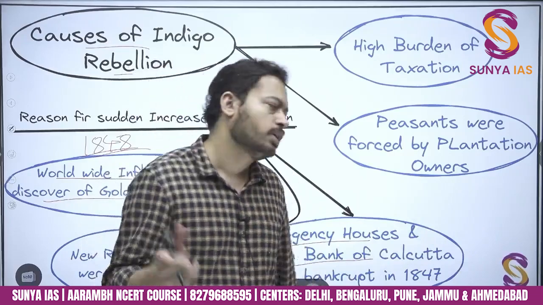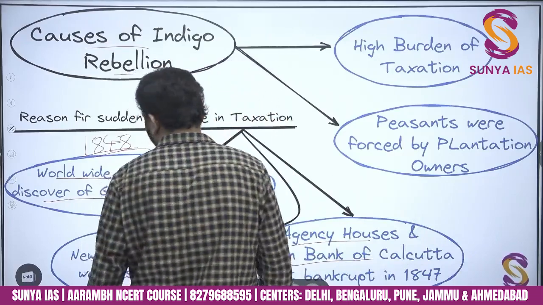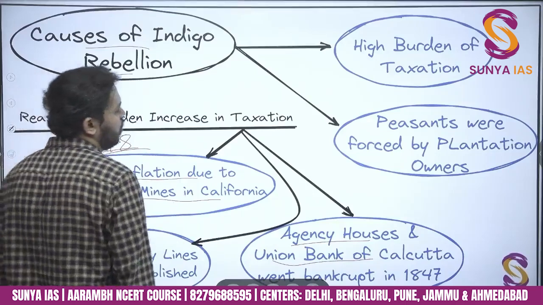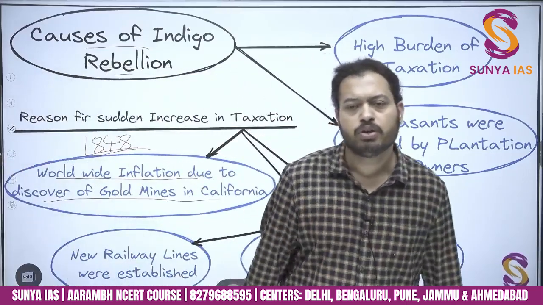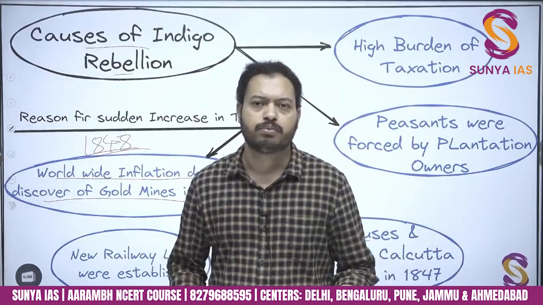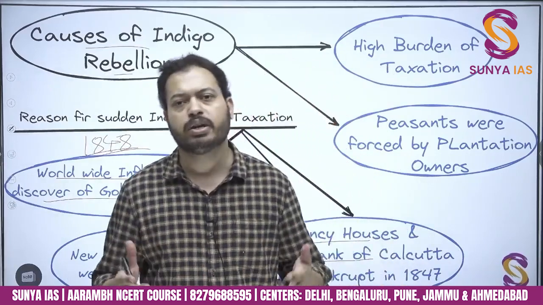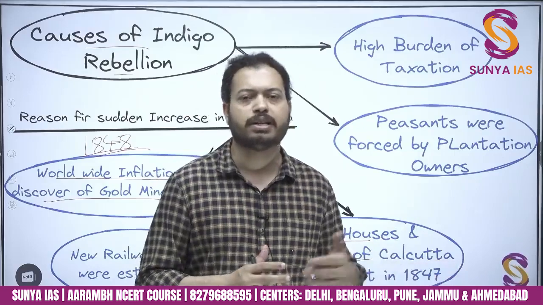Two things. Now the third thing, you see, Bengal is a very densely populated region, so it was easy and cheap for the plantation owners to get people to work in the plantation.